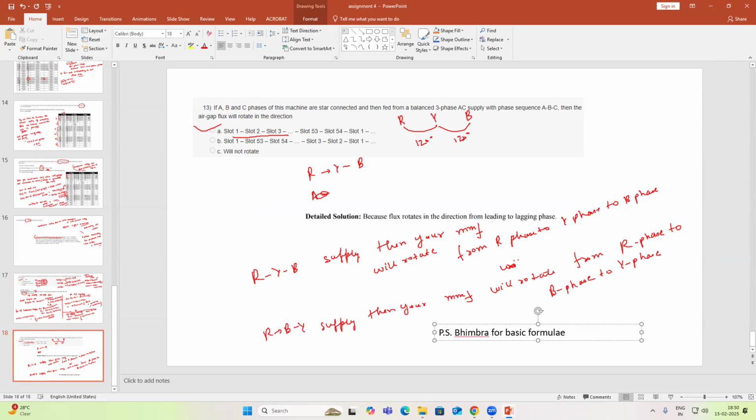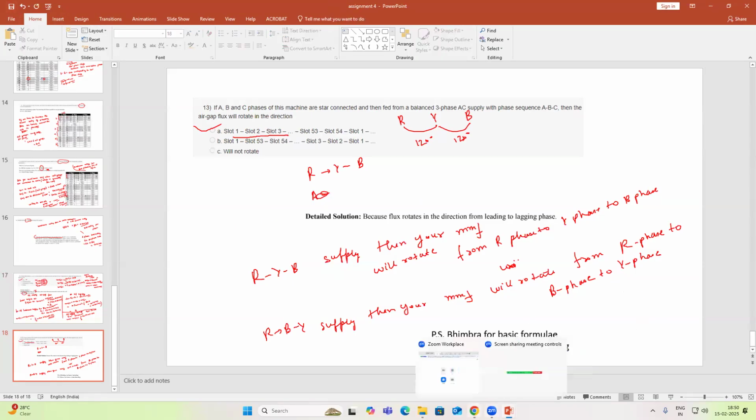And PC Krause for these kind of derivations, for more understanding. So these are the books.